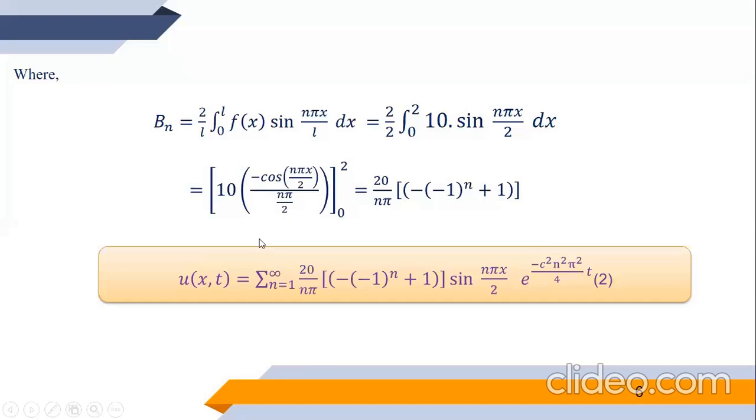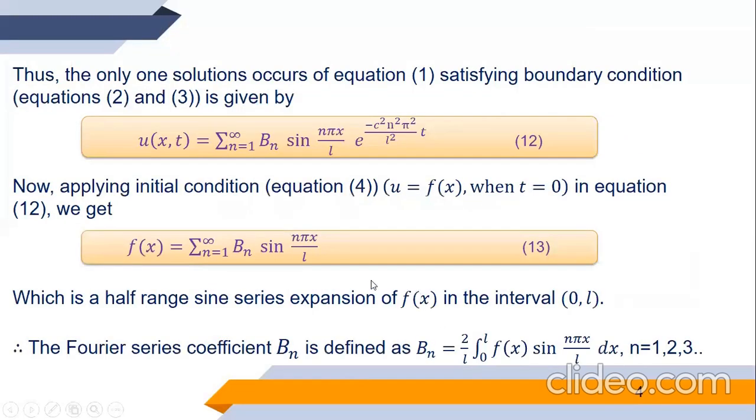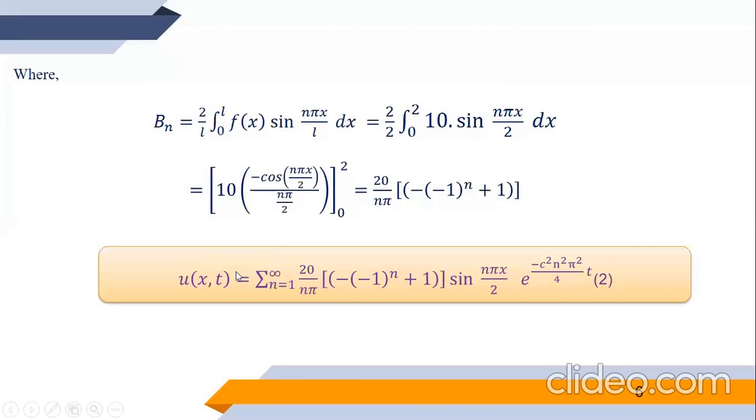We put this b_n in equation 1. Therefore, we get the solution of the given problem with initial and boundary conditions, that means the IBVP, initial boundary value problem.